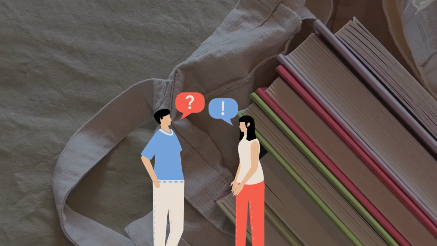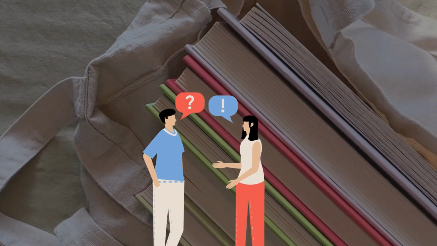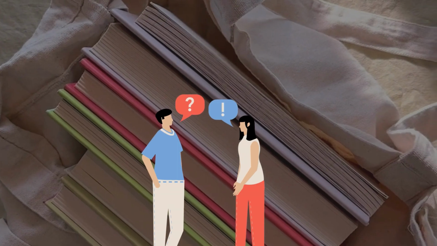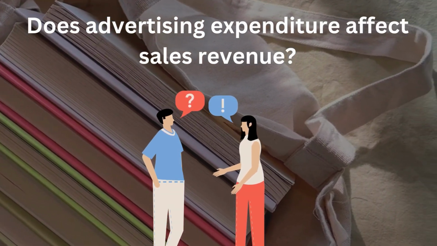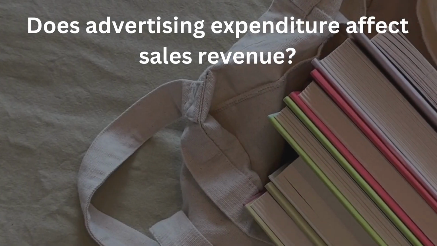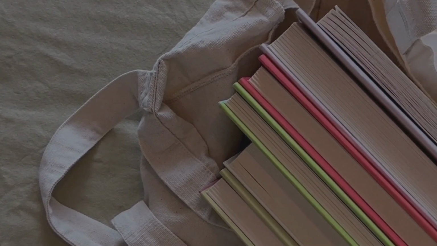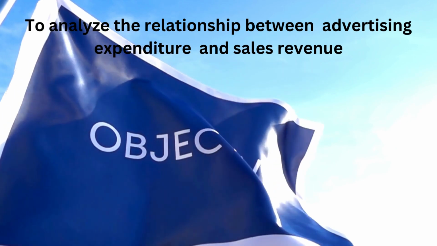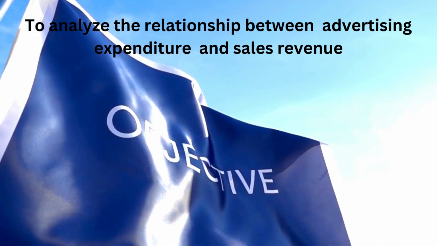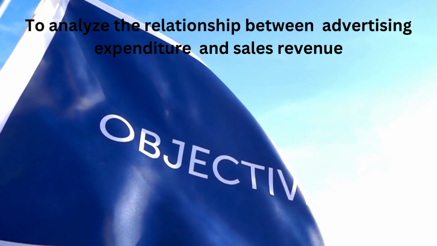For example, let's assume we have a research question which is, does advertising expenditure affect sales revenue? In that scenario, our objective will be that this research study is being conducted to analyze the relationship between these variables.